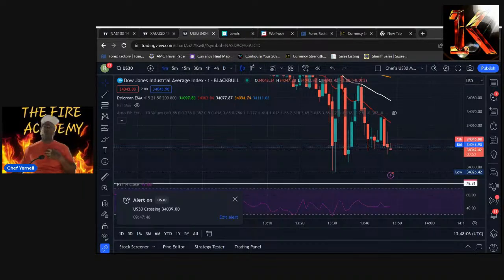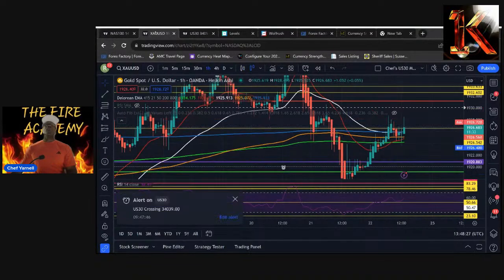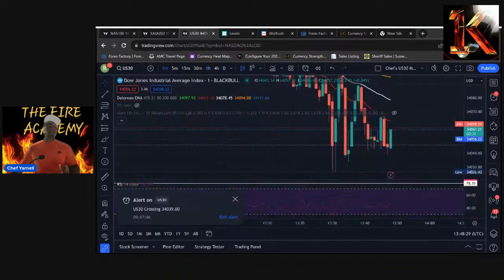So for those who have a broker like me, that sale just hit on US 30. Mine was really delayed, so when Ralph said he hit, I was like, I ain't hit yet. But my broker is lined up with TradingView today, so I don't hit until you hear these sounds go off. Me personally, you probably hit before I did.